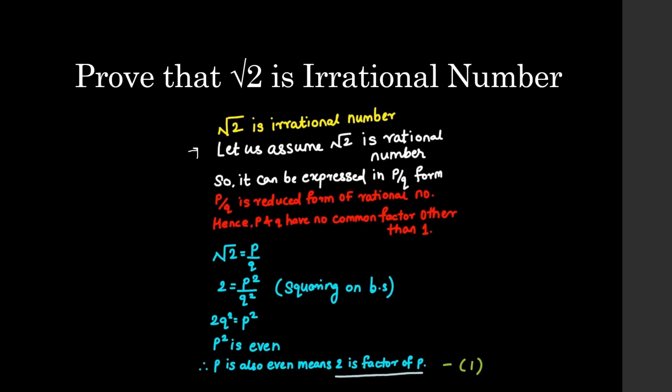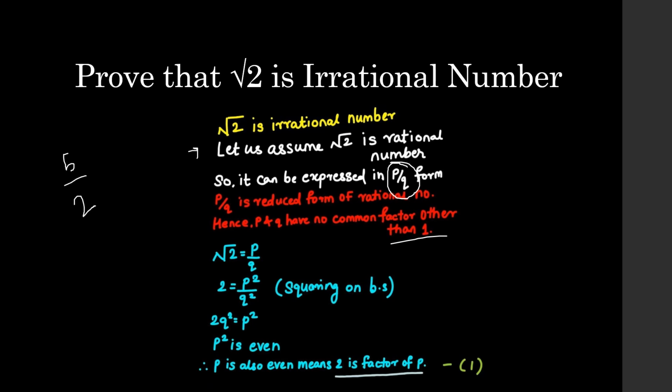If it is a rational number, we can express it in the form p upon q, since rational numbers are expressed in the form of fractions, in the form of a ratio. Now p upon q is a reduced form of a rational number, so they have no common factors other than 1. For example, 5 upon 2. Do they have any common factors?